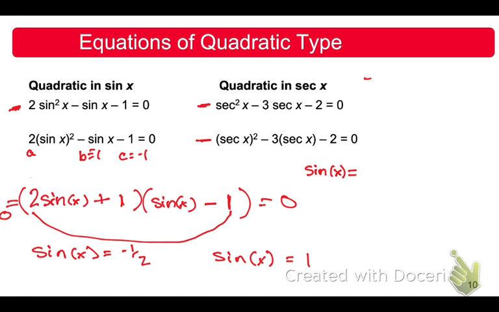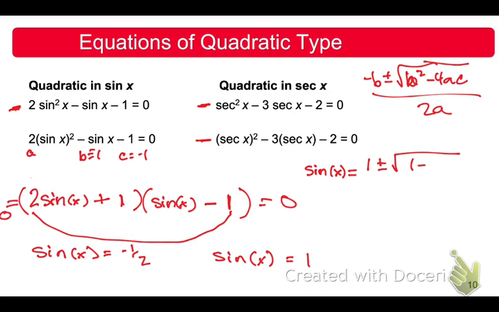So quadratic formula is negative b plus or minus the square root of b squared minus 4ac all over 2a. So I would have 1 plus or minus the square root of 1 minus negative 4 times negative 1 would be plus 4 all over 4, because 2 times 2. Oh, 2a, yes. Thank you.